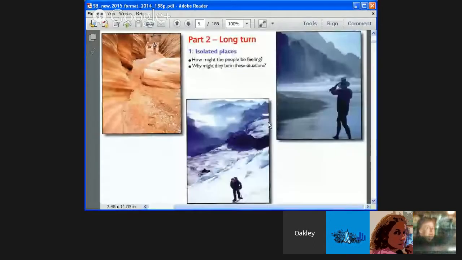Okay, I want you to look at some pictures here. Can you see the three pictures? 1, 2, 3, of people in places. Ken. All right.